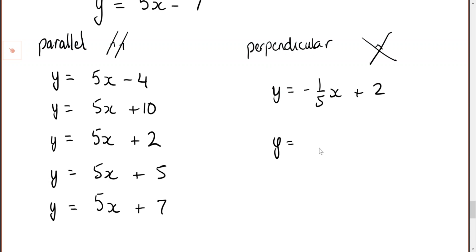Milo. Y equals -1/5x plus 4. Anyone else? Understand? Good. All good?